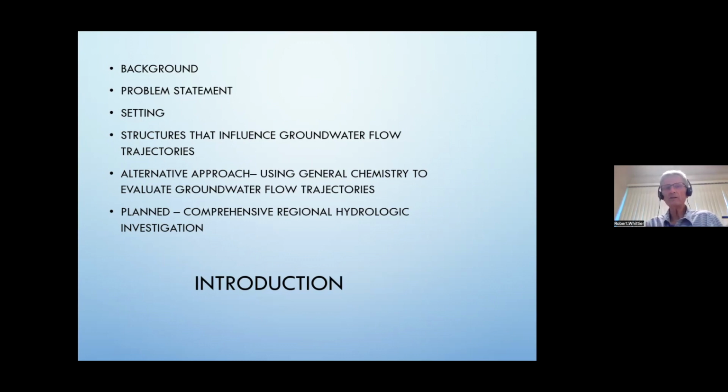Okay, for background, both Don and I have been involved in Red Hill for quite some time. My first involvement was in 2006, working as a consultant for the Navy. As part of that work, I did the contaminant transport modeling, and also set up and executed a regional groundwater monitoring and aquifer testing study.